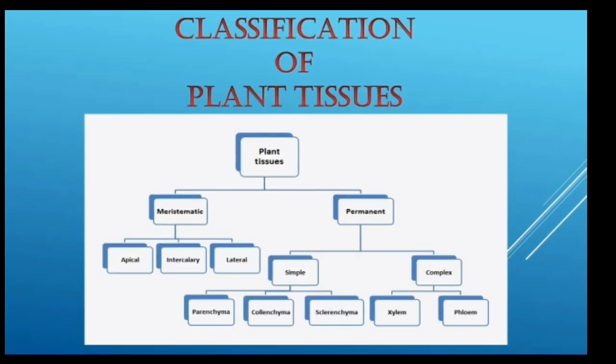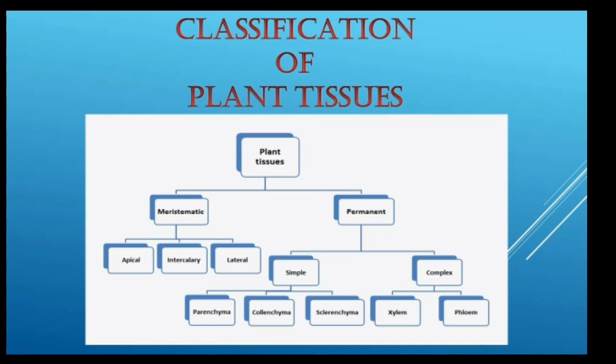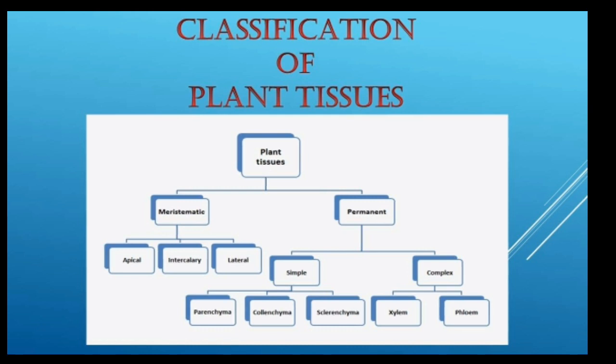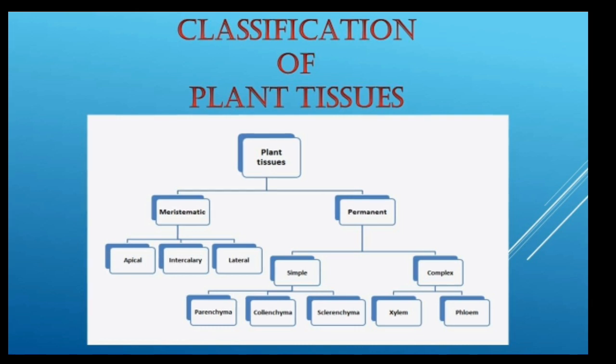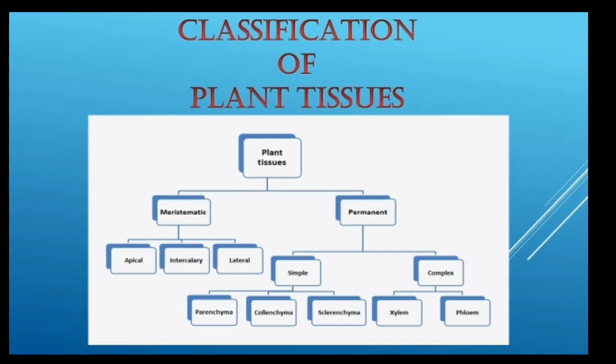So we all know that there are two types of tissues, that is plant tissue and animal tissue. First, let us try to look into this classification of plant tissue. Plant tissue is divided into two types, that is meristematic tissue and permanent tissue. Meristematic tissue is again divided into three types, that is apical meristem, intercalary meristem and lateral meristem.